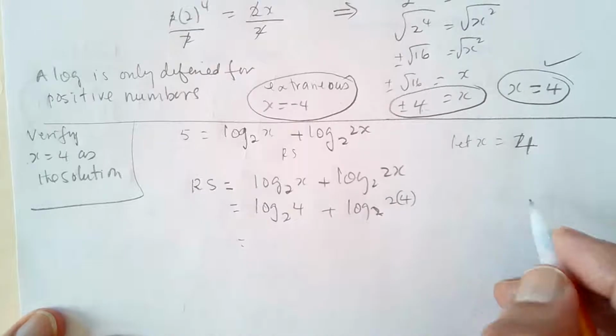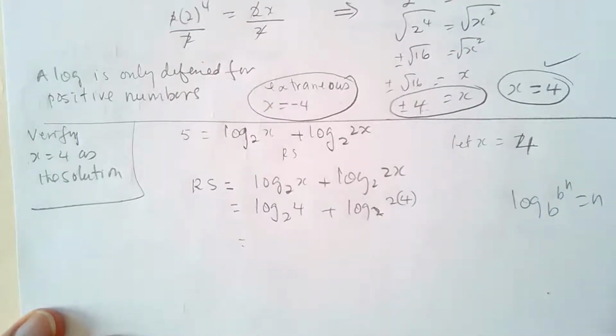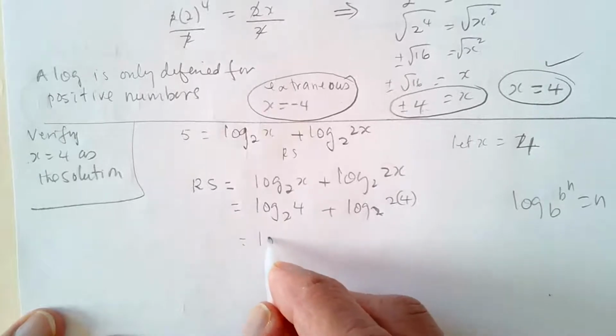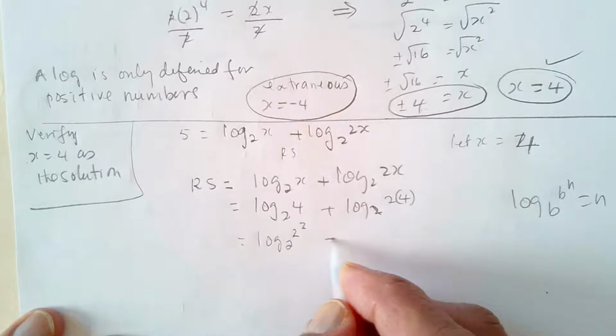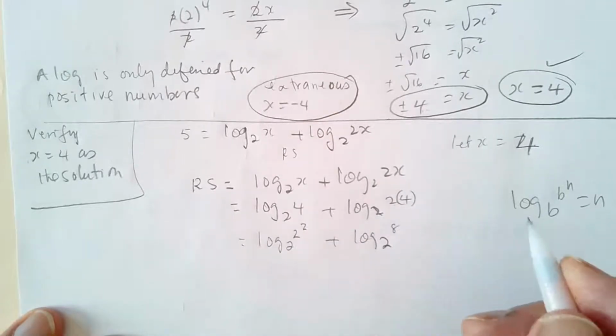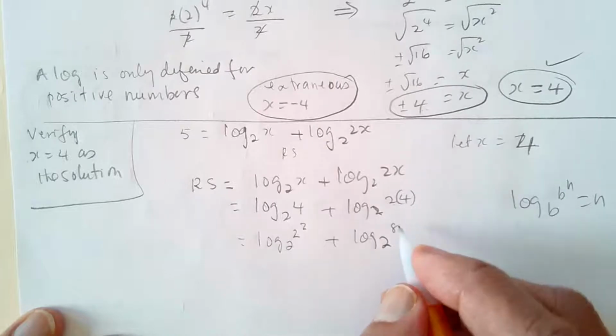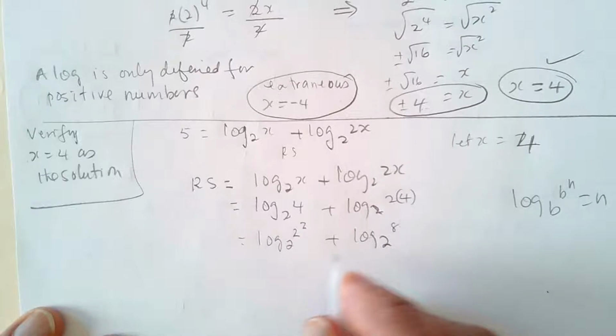We are going to use again log base b of b to the n equals n for all of these. So this can be written as log base 2 of 2 squared plus log base 2 of 8. Now 8 is 2 to the power 3.